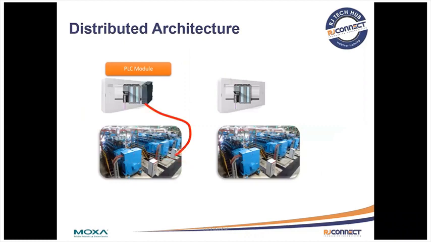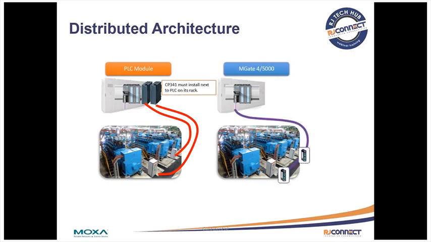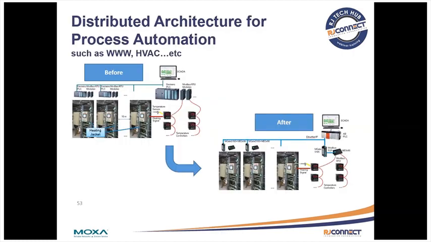So typically with a distributed architecture in the past, if you wanted to monitor different machines using a different protocol, you needed to use a separate communication card on your PLC. With the MGate solution, we can implement an MGate at each machine or at each station and use the existing bus that the PLC uses, simplifying your decentralized architecture.